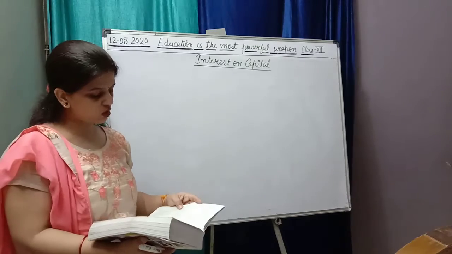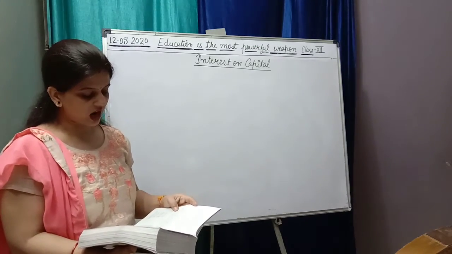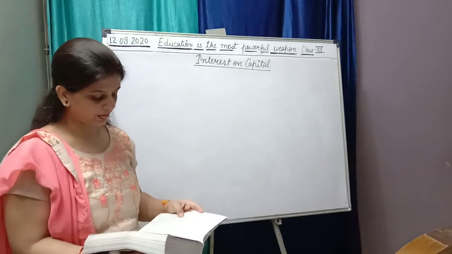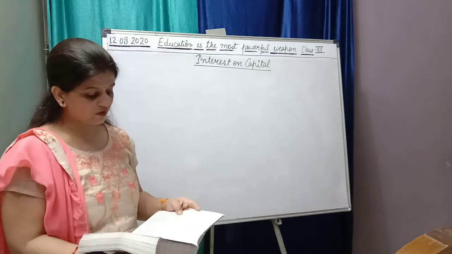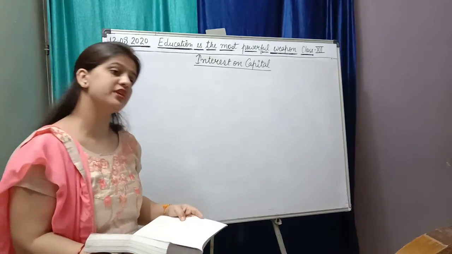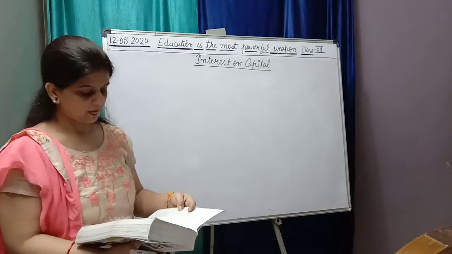So the question is, on 1st April 2015 X, Y and Z started a business in partnership. X contributed 90,000 at first but withdrew 30,000 at the end of 6 months. Mark these things.